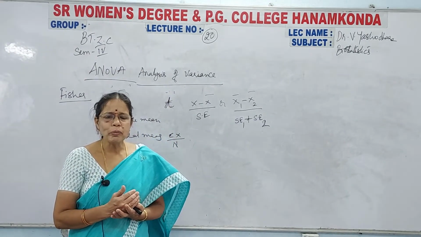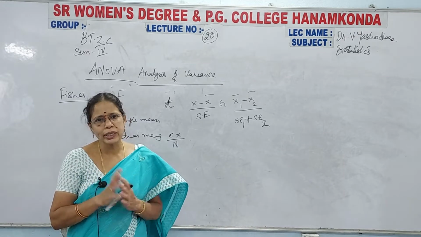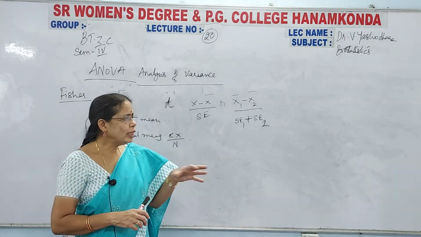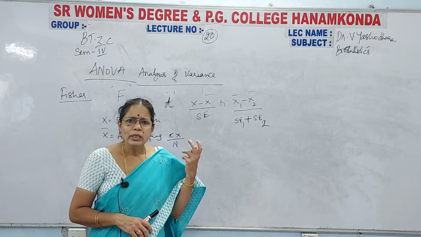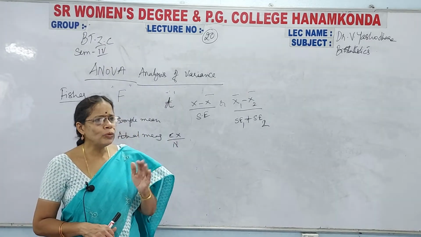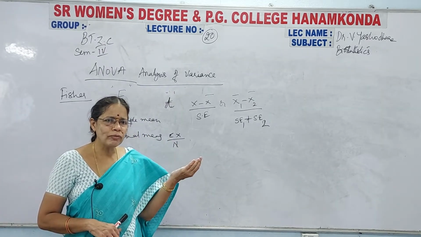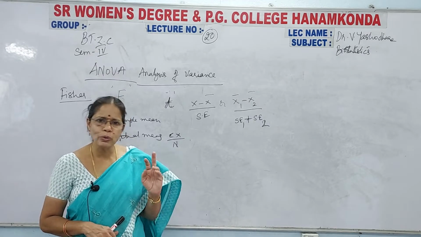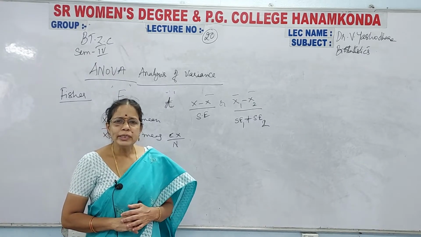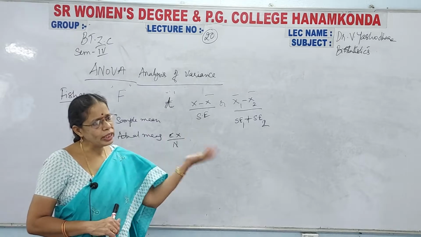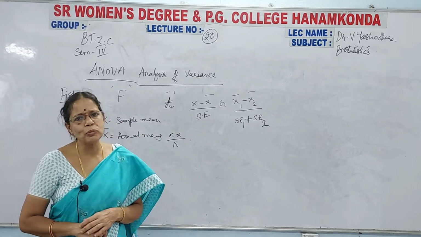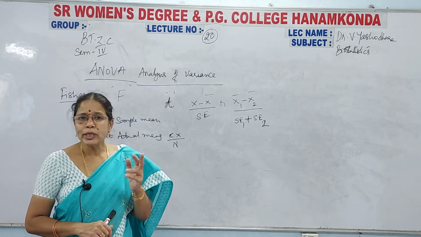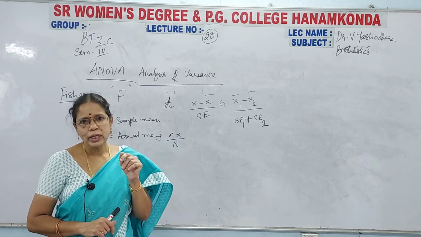The teenage population in this advocates colony you are calculating. In this, there are 2 streets, advocates colony street number 1 and street number 2, that you are calculating. Then the sample in street number 1 is 20, and the sample in street number 2 may be 10. That means you are taking samples from the same colony.